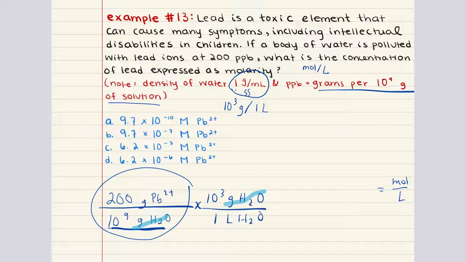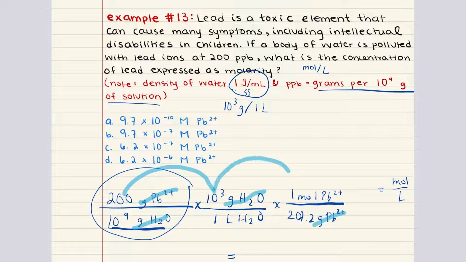Now the next conversion we want to do is convert grams of lead to moles of lead, and here we can use the molar mass. So 207.2 grams of lead per 1 mole of lead. And notice here how units of grams of lead cancel out. Now looking at all our values in the numerator, 200 times 10 to the power 3 times 1.